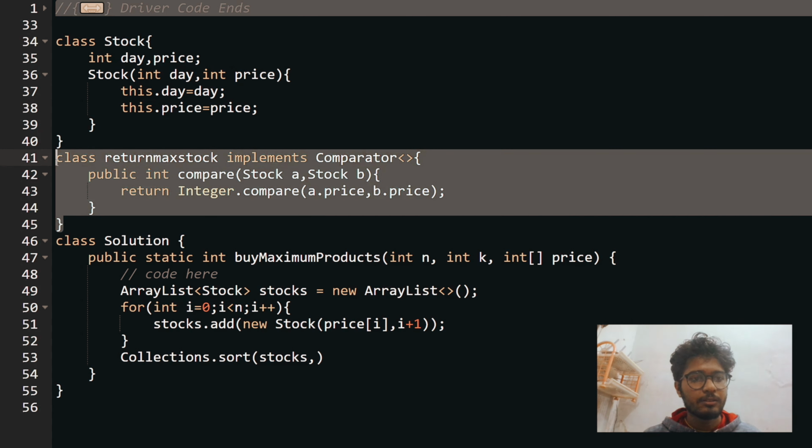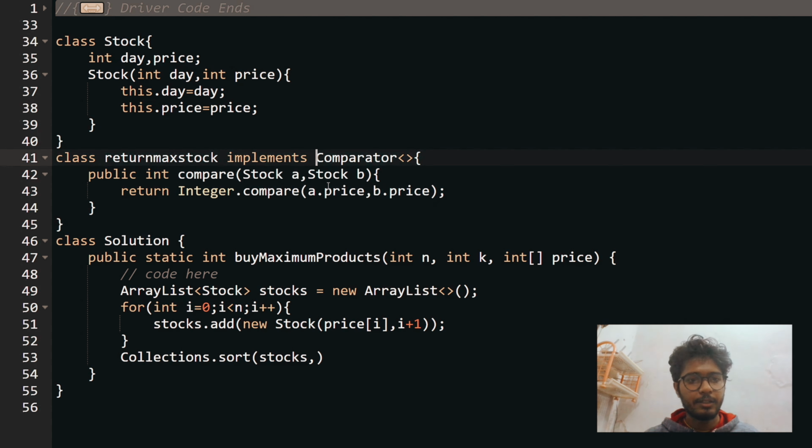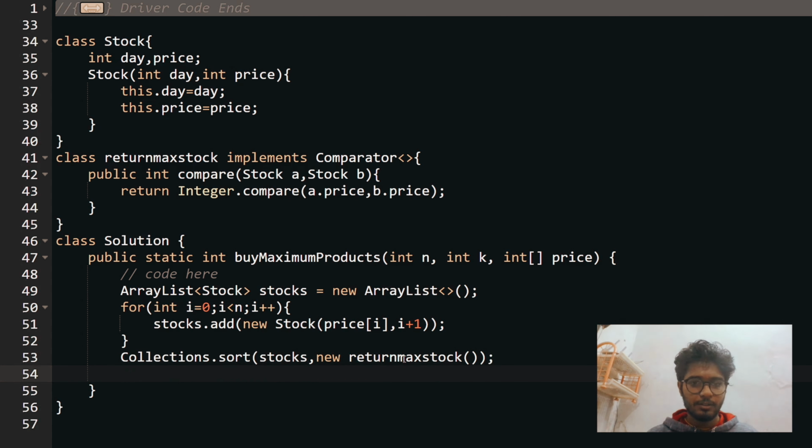So we have created our custom logic which implements the Comparator interface. Now we will pass an object of this class, return max stock. So it will sort our array based on our given logic.